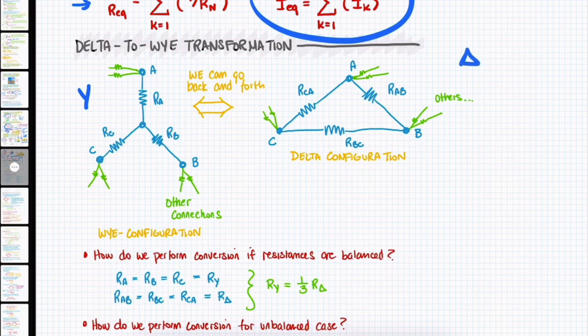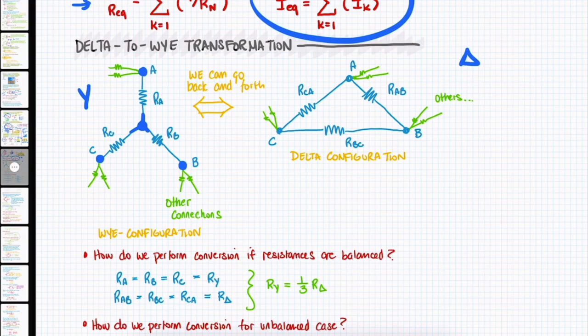So they get their names from what they look like. As you can see here, we have 3 nodes, A, B, and C. And they are connected by a Y-type connection of 3 resistances. If we wanted to simplify this subcircuit among those 3 nodes, we can't use parallel or series connections.